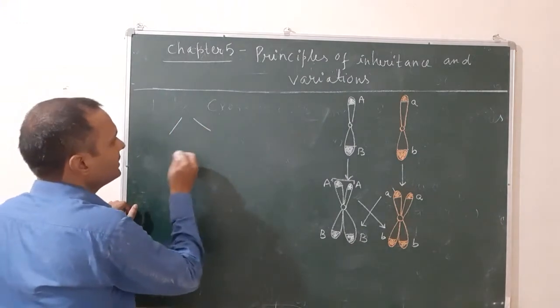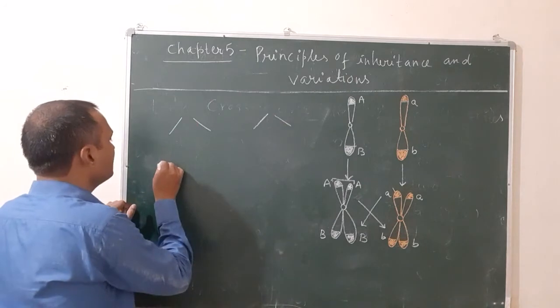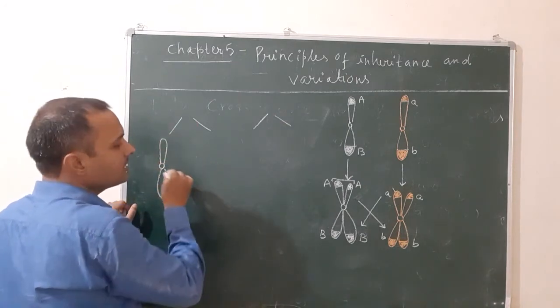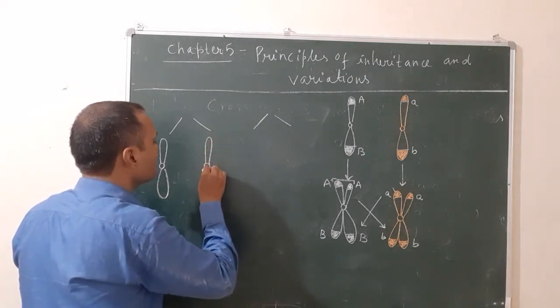So a total of 4 chromatids are produced after the crossing over. What is crossing over? The exchange of genes between the non-sister chromatids is known as crossing over.